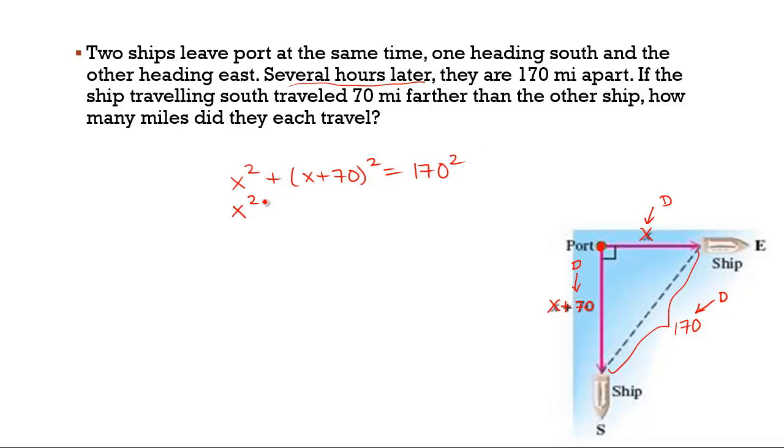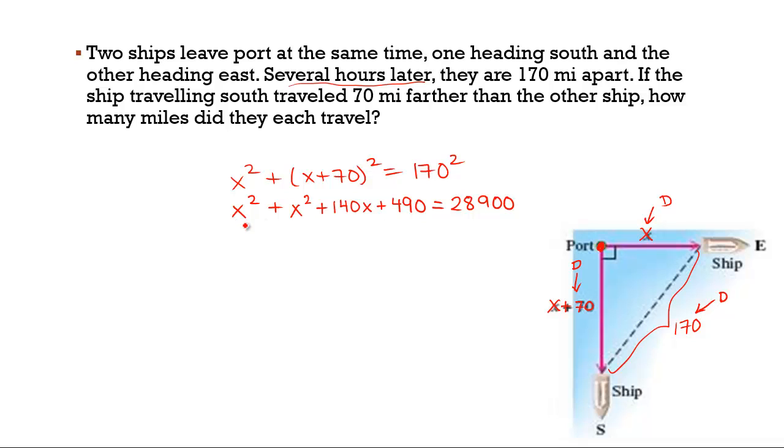So let's expand this a bit. That'll be x squared. Using the perfect square trinomial, remember you can't just square both. It goes bracket times bracket, so it'll be x squared, and then the middle term is double the first times the last, so that's 140x, plus 70 squared, which is 4900, and then 170 squared, which is a really big number.